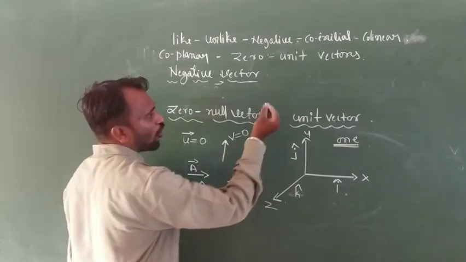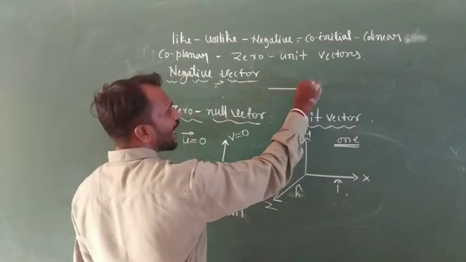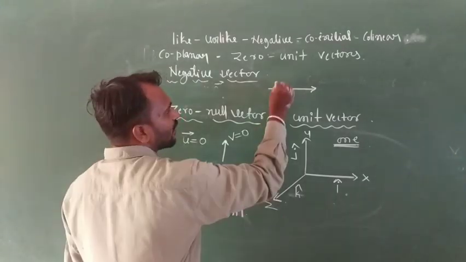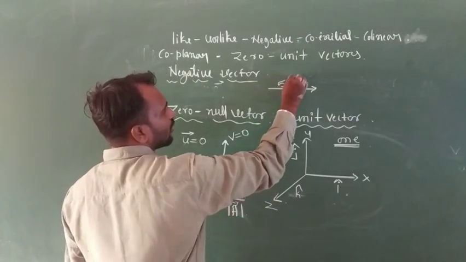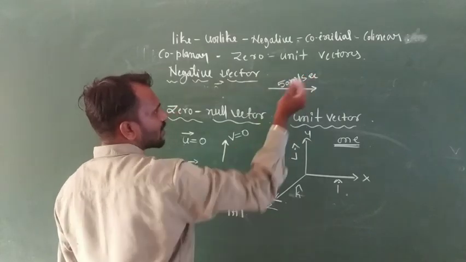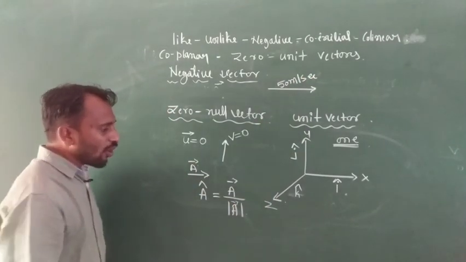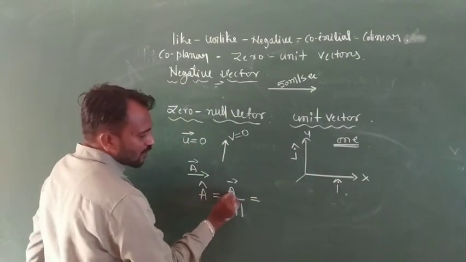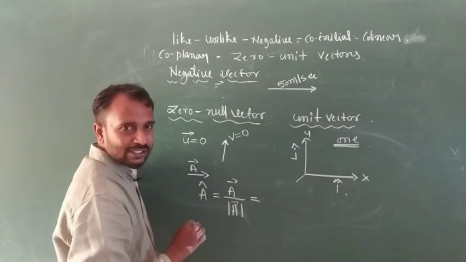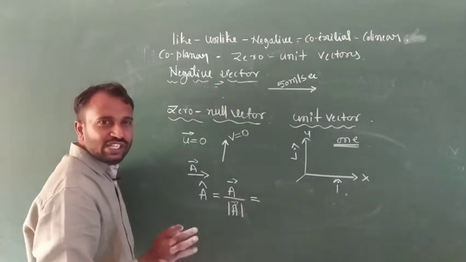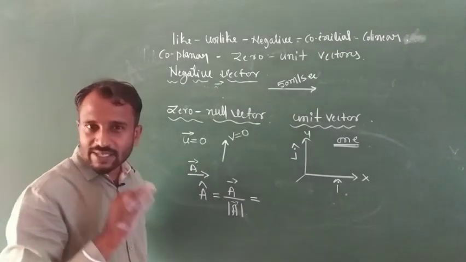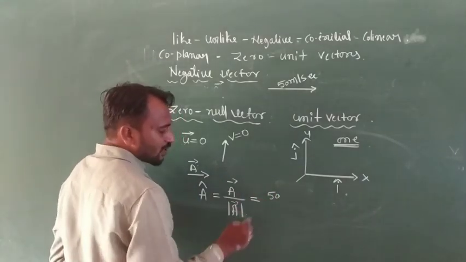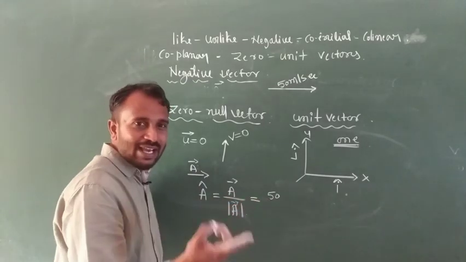For example, an object changes its position along the x-axis and its velocity is 50 meters per second. We want to find the unit vector. Velocity is a vector quantity, so it has both magnitude and direction.